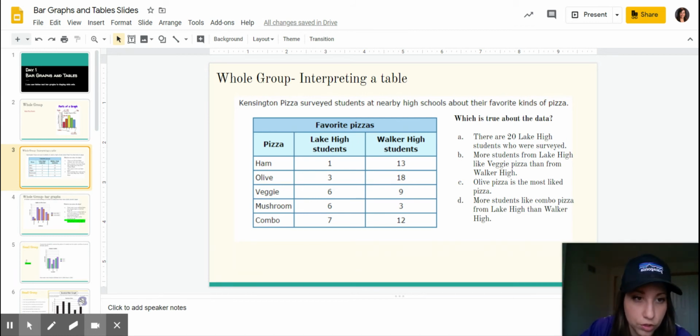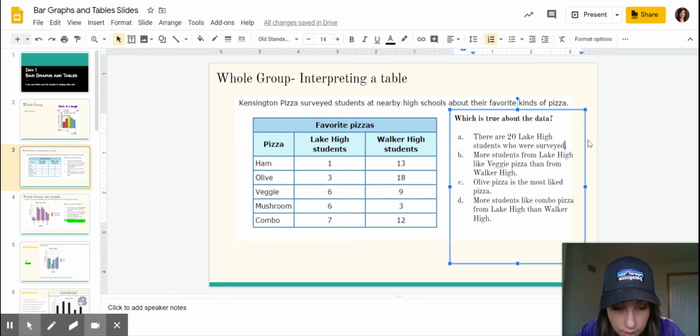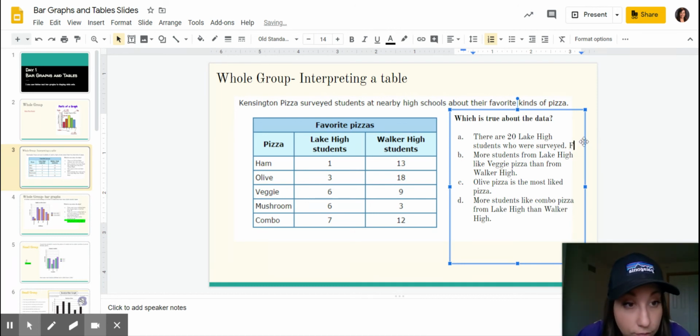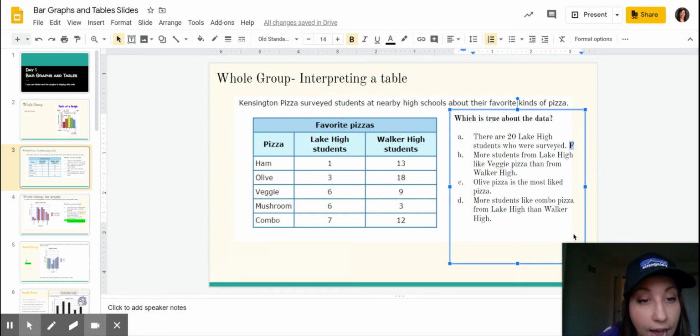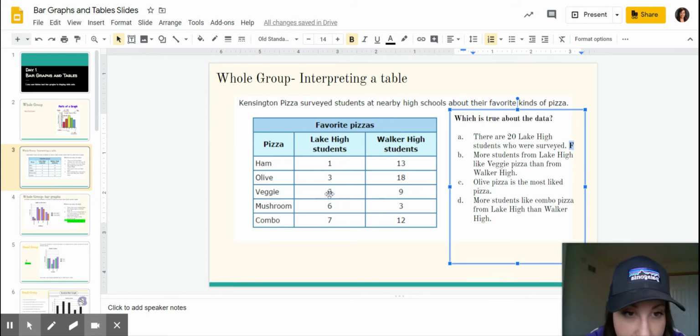That's false, not true. Again, I'm just going to write an F because we're working our way through here. Okay, more students from Lake High like veggie pizza than Walker High. Find veggie pizza. The Lake High kids were 6, and the Walker High was 9.